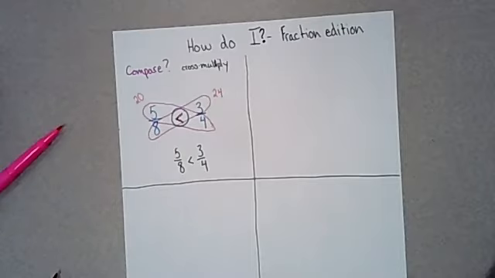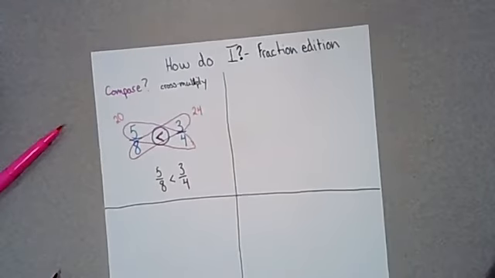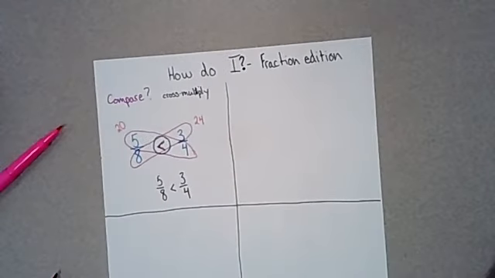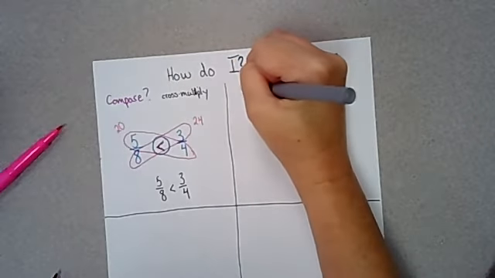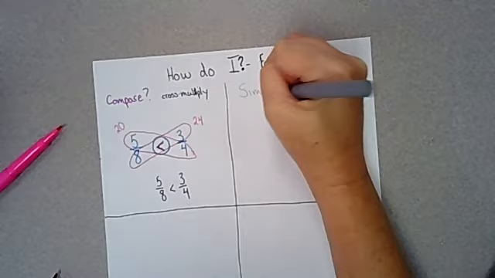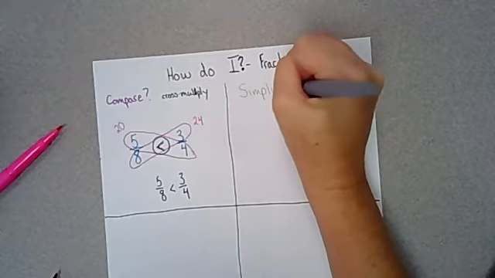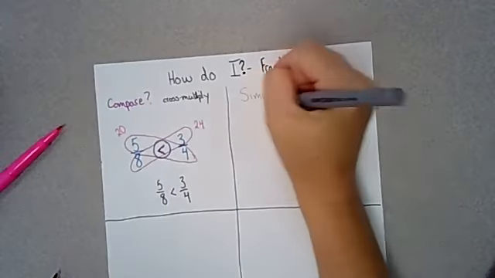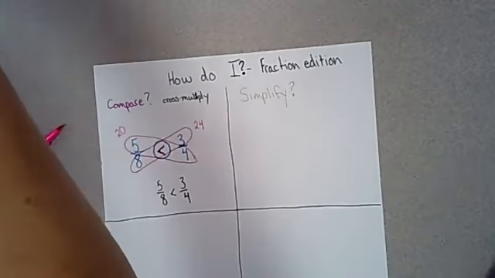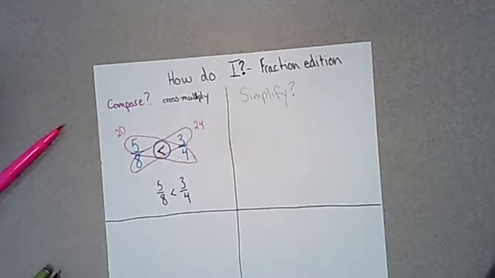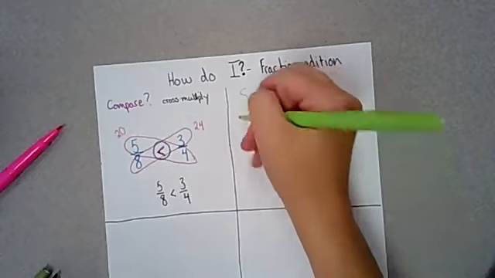All right, next question that we get all the time. Teacher, teacher, teacher, how do I simplify? All right, how do I simplify? Let's write that right up here. How do I simplify? Simplify means to make it have smaller numbers. All right, so if you're looking at how to simplify, I'm going to show you one first that's very simple.